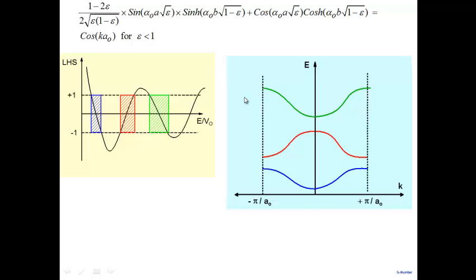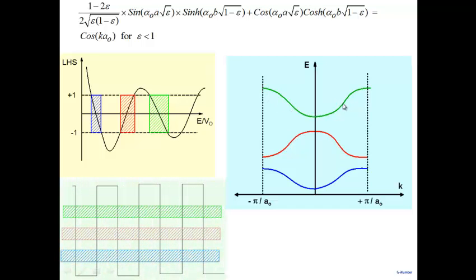So you get a series of bands here, and for each band there's a particular E versus K relationship. This is the band represented in energy versus momentum; K is like a momentum, so this is energy versus momentum space.